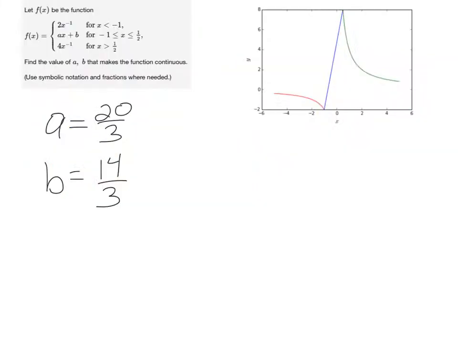So when I solve those two linear equations, I get a is 20/3 and b is 14/3, and that means I found the parameters that make the equation of this line connect with this point and this point, and now this function is continuous over the whole real line.